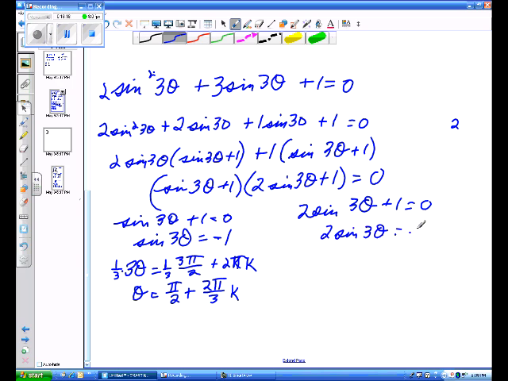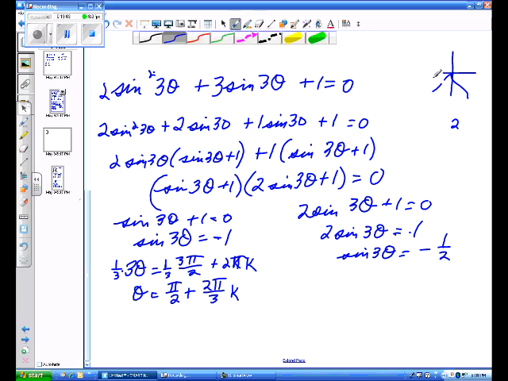Here we would subtract 1, divide by 2, and we want the angle whose sine is negative 1/2. Well, our reference angle's 30, and we're in the third and fourth quadrant. Now, I said 30, but we want this in radians.